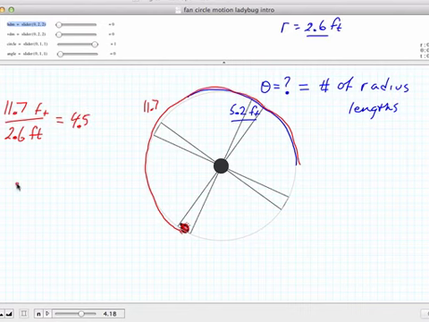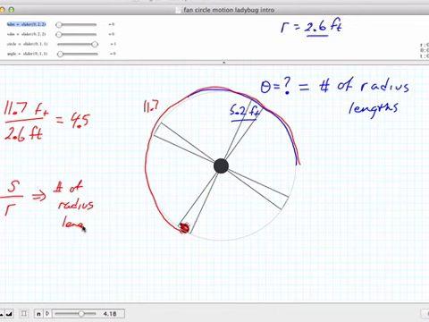So 11.7 feet is our total arc length. 2.6 feet is the radius. And this gives us the number of radius lengths. That should make sense. The total arc length, chop it up into equal pieces of the length of the radius.